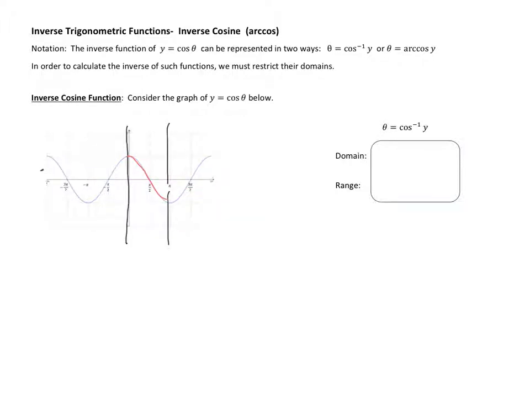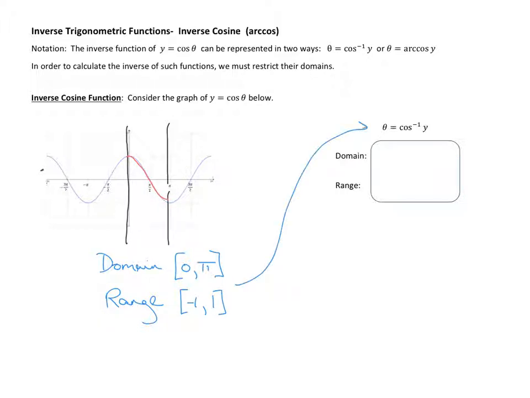So if we look at cosine, we've restricted the domain to only between 0 and pi. The range, just like on sine, goes from -1 to 1. Now we have a 1-to-1 function as long as we use this restriction. If we want to look at the inverse function, we switch the domain and range.